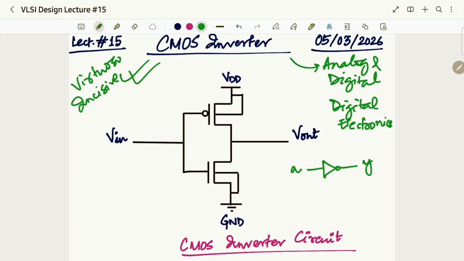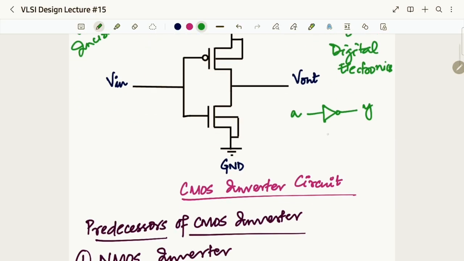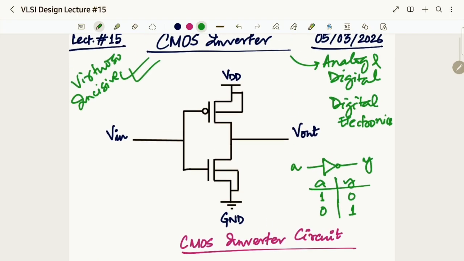Input was A, output was Y, and the truth table was: if I am giving a logic 1, I am getting logic 0. If I am giving logic 0, I am getting logic 1. Basically, it was inverting whatever input we were giving, right? And in both Virtuoso and Incisive, we have proved that we are getting this as our output, right?